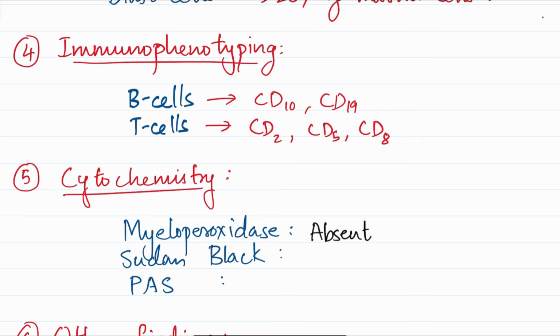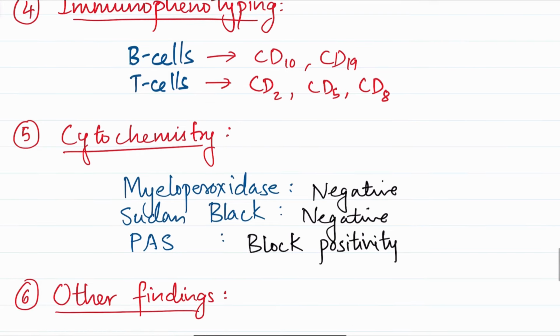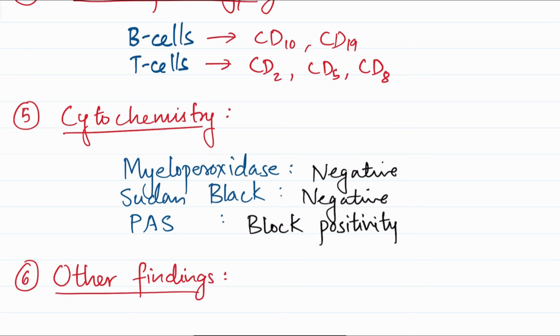Therefore, myeloperoxidase will be negative. Sudan black as well, that is for monocyte precursors, will be negative. And for PAS, there will be block positivity. What it means is that inside the cytoplasm, there will be blocks which are positive to PAS.